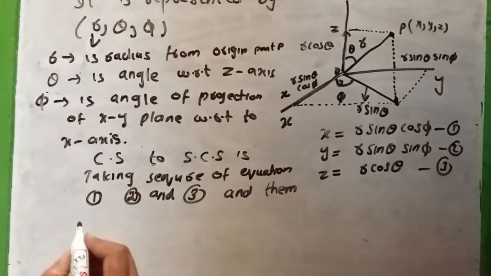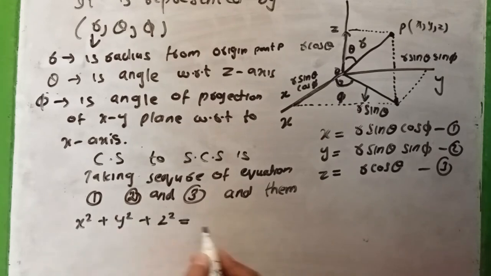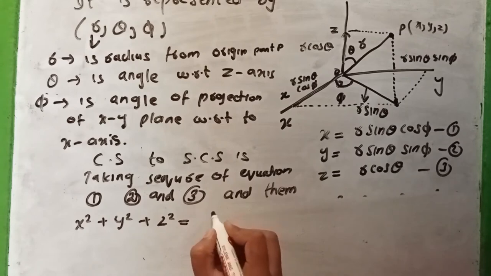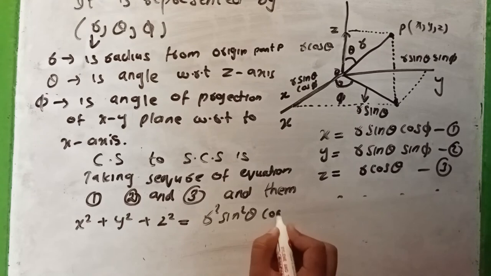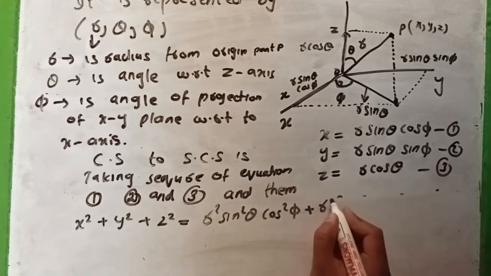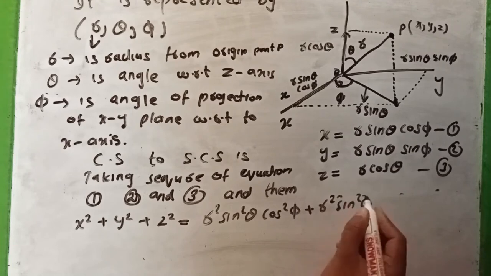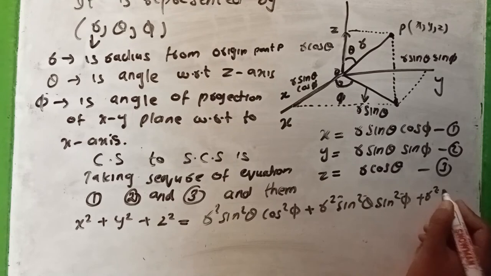So this becomes x square plus y square plus z square is equal to r square sin square theta cos square phi plus r square sin square theta sin square phi plus r square cos square theta.